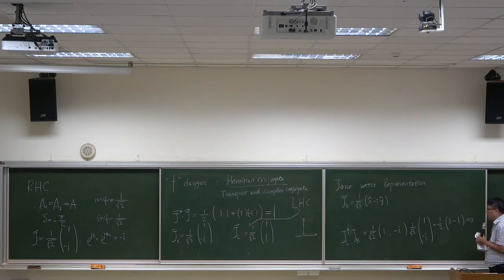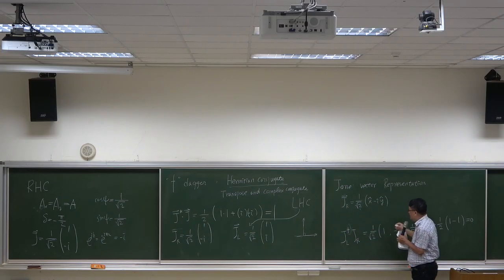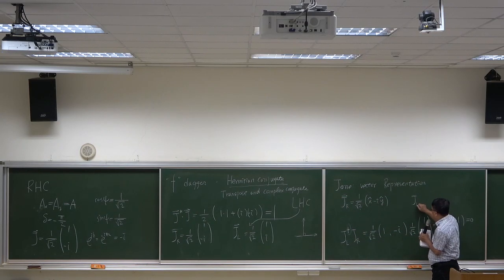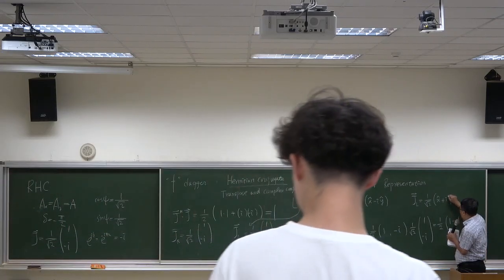Here, x hat, y hat are the two unit vectors along the x axis and the y axis. And JL is 1 over square root 2 x plus I y hat.